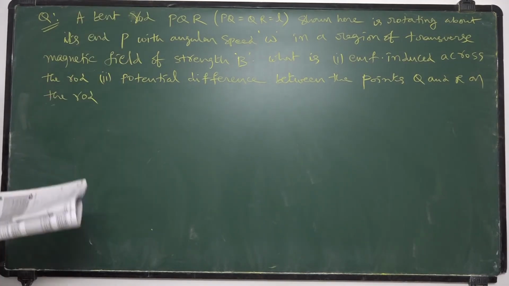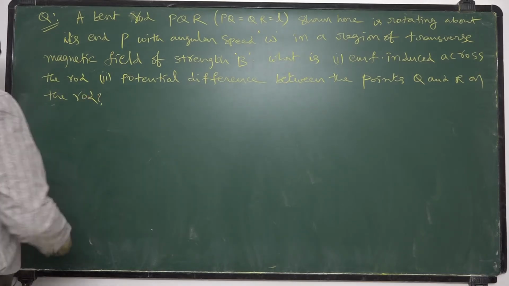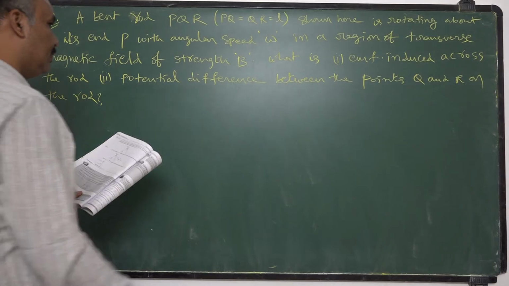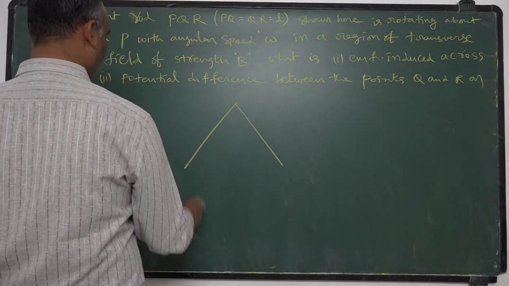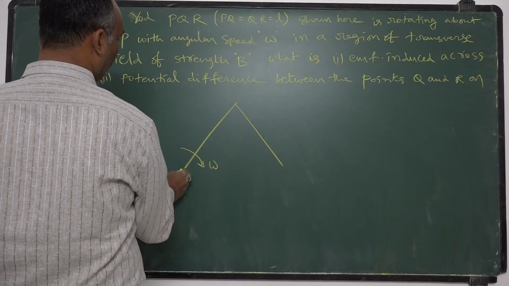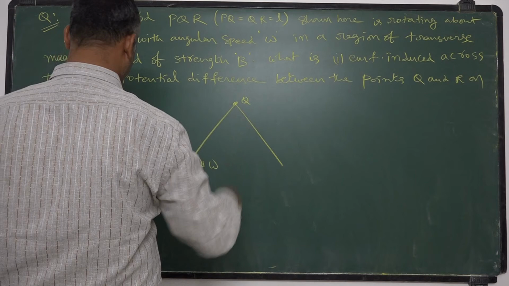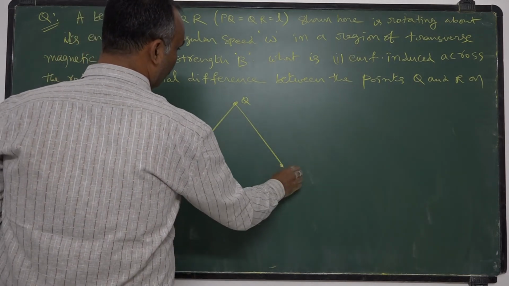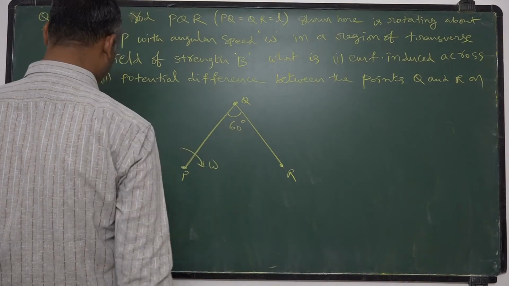So, this is the question. The rod shape they gave is like this, rotating with angular velocity omega about the point P. P, Q, R is the shape of the rod, and this angle they gave as 60 degrees.